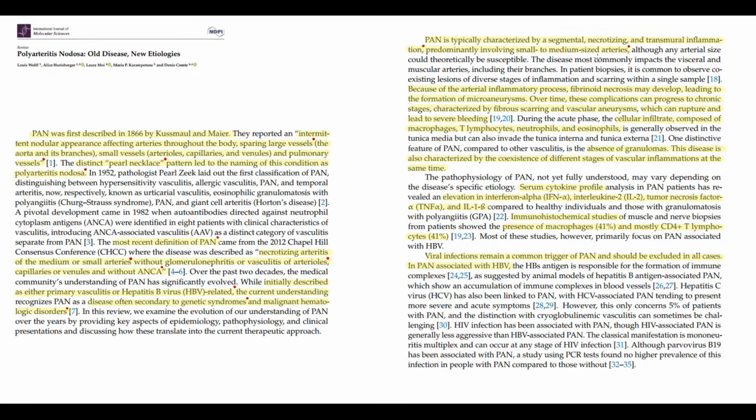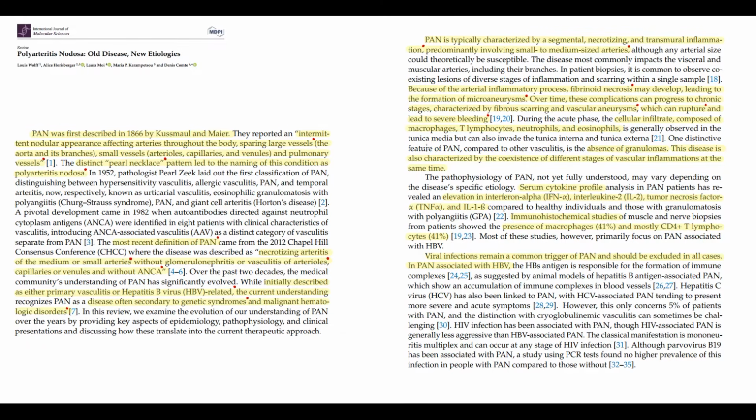Necrotizing means that inflammation causes fibrinoid necrosis within the blood vessel wall. And transmural means that potentially inflammation can affect all layers. Fibrinoid necrosis within the arterial wall with time can be complicated by formation of microaneurysms, which can progress to aneurysms, and in turn, aneurysms can rupture, which will cause severe bleeding.